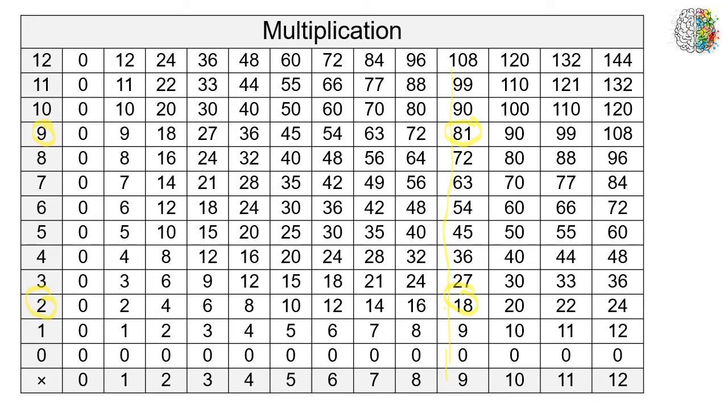If we look at the 10s, we notice that whenever I multiply by a 10, it's going to be the number that I multiplied by with a 0 added to the end. So all of these are going to end in a 0, and I've got a 1 here.